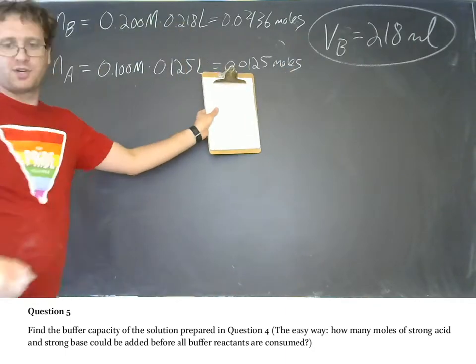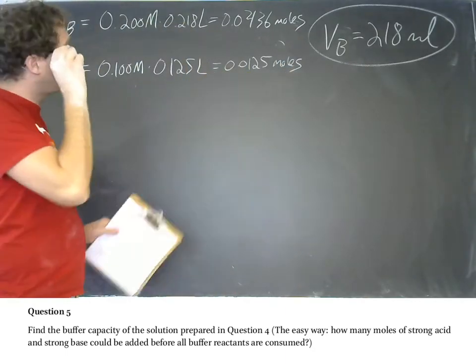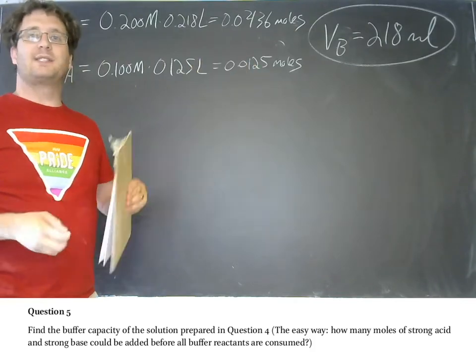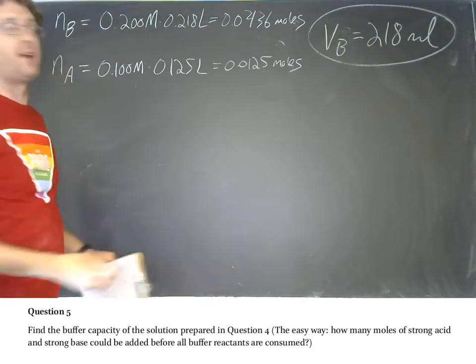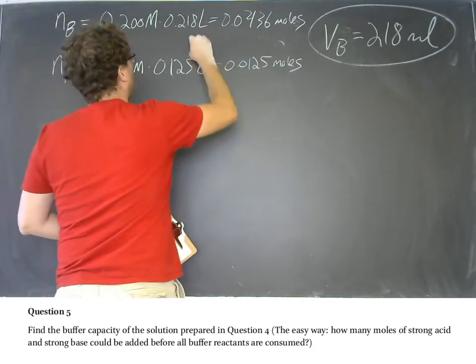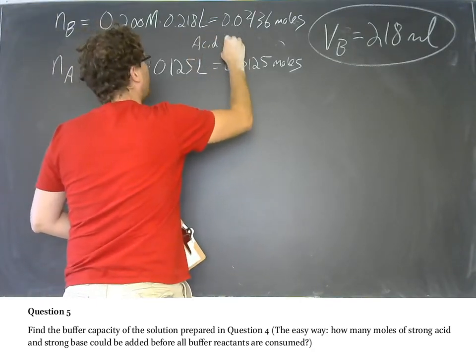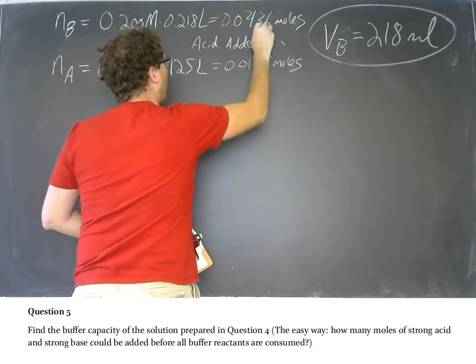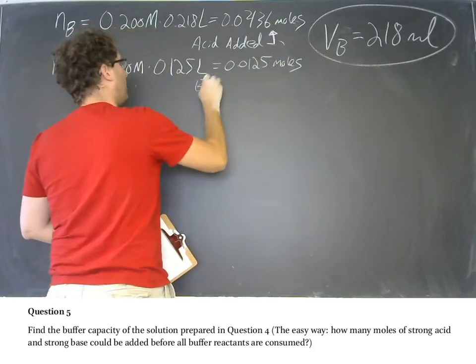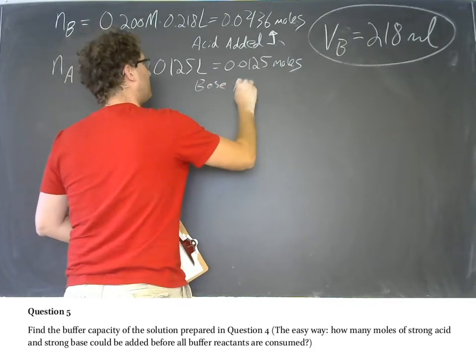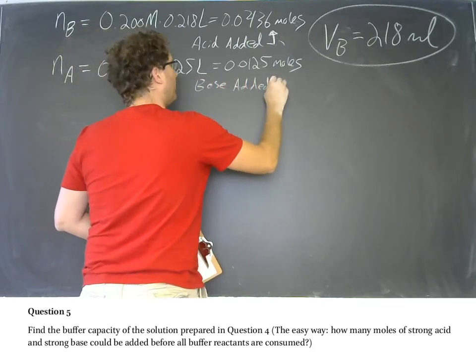That's how much conjugate acid you have, and therefore that is how much base you could add before you run out. So this would be acid added and base added.